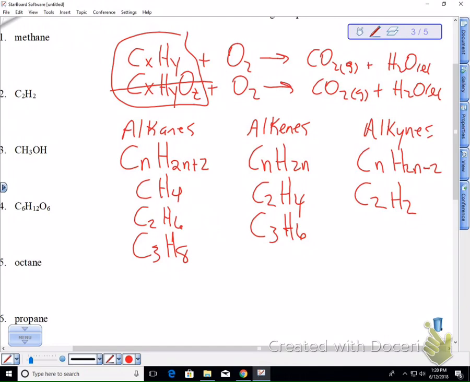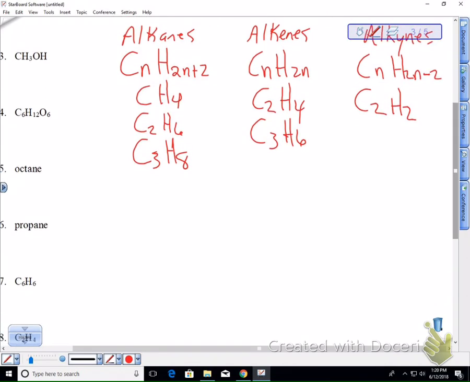So the naming system I want to go through just real briefly is based on how many carbons there are. If you look at these alkanes that I've listed, this one is called methane. The second one is called ethane. The third one is called propane, and I'm sure you've heard of all these words before.